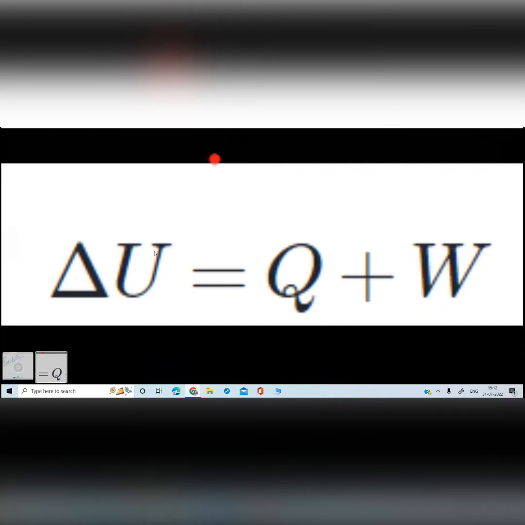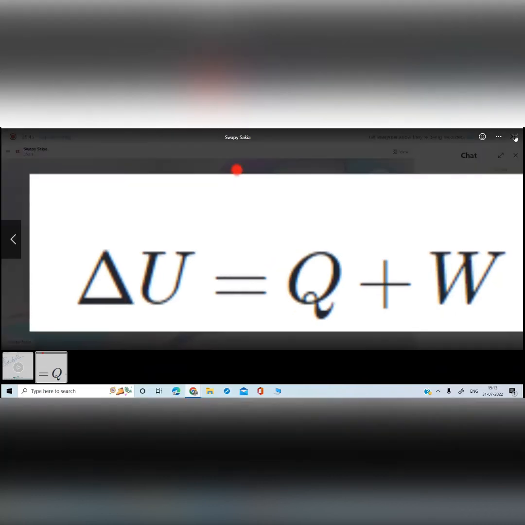Okay, so Swapnil, see, you also know minus and plus will depend upon the conditions. Correct? I told you when it is by the system and when it is on the system. So that is why they have just written a generic formula. They just rearranged it because they want to keep the change.